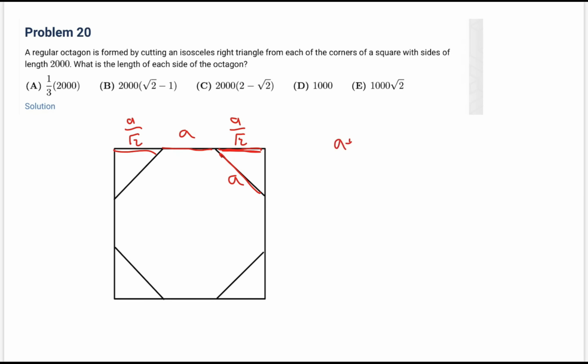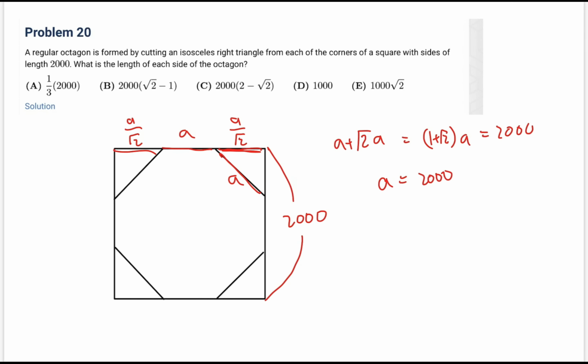So A plus A over root 2 plus A over root 2 is A times (1 plus root 2), and this is 2000, because the square has side length 2000. So A is 2000 over 1 plus root 2, and so this is 2000 times (root 2 minus 1), so it's B.